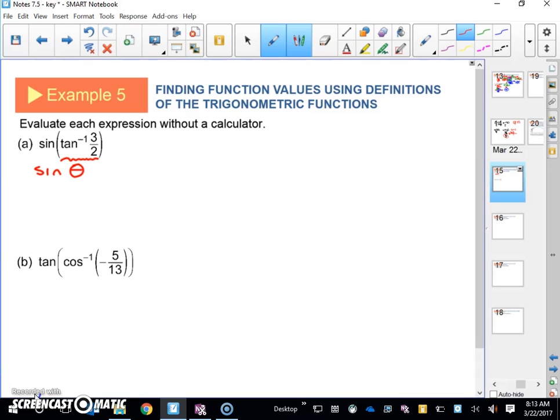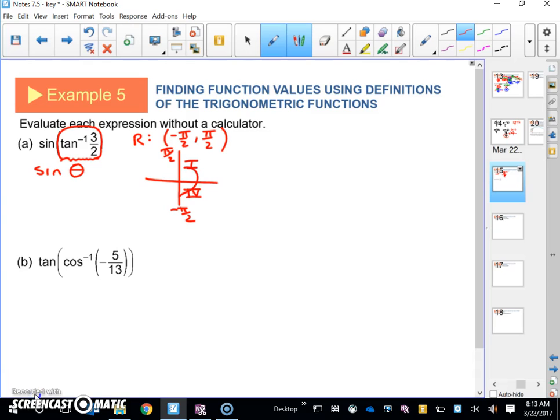So let's draw a picture of this angle. For tangent, I know tangent is defined in quadrants 1 and 4. Remember the range? The range for tangent was negative pi over 2 to positive pi over 2, from negative pi over 2 down here to positive pi over 2 up here.